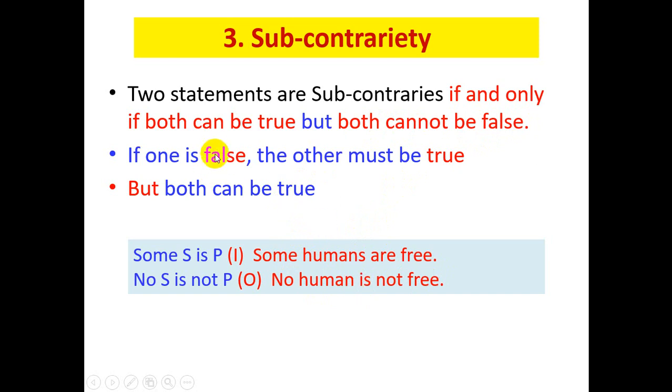If some humans are free is false, the other one must be true, and vice versa. And we notice here that I is subcontrary to O, and O is subcontrary to I.